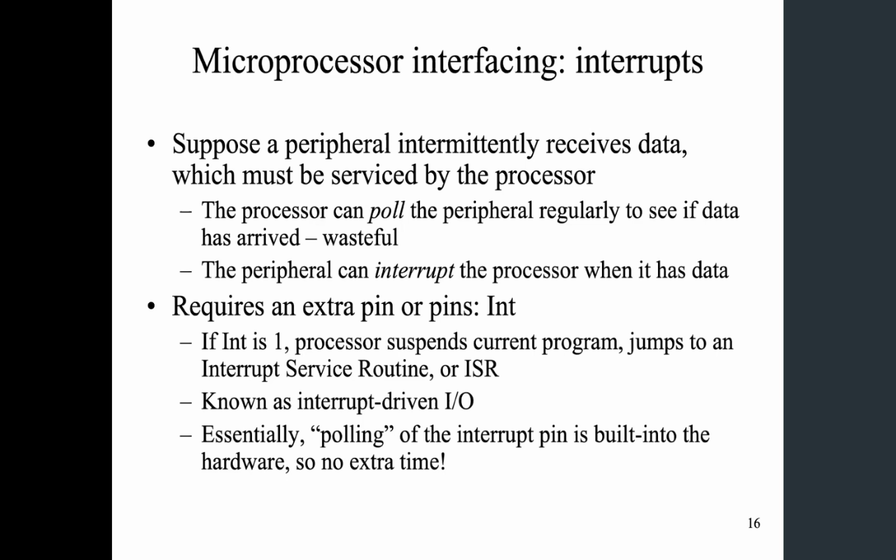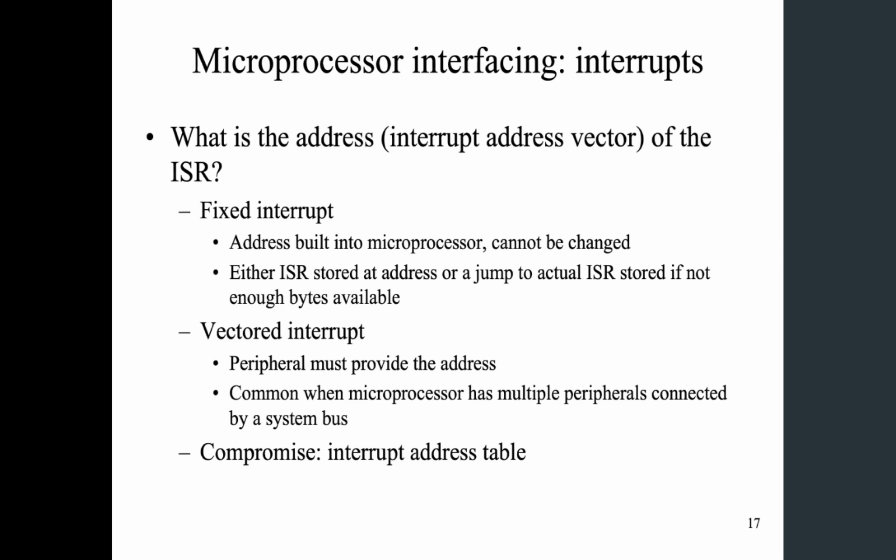And from this hardware circuit, if it detects there's a pulse on the pin or a logic high on the interrupt pin, it will start the interruption process. So the processor will suspend the current program, jump to the ISR, etc. So this polling function is built into the hardware itself. As a result, the processor does not need to use instructions to check the status.